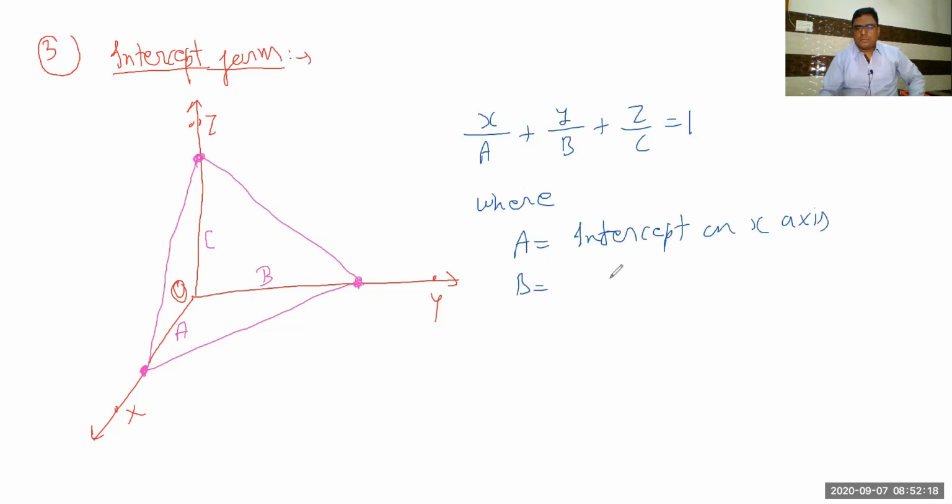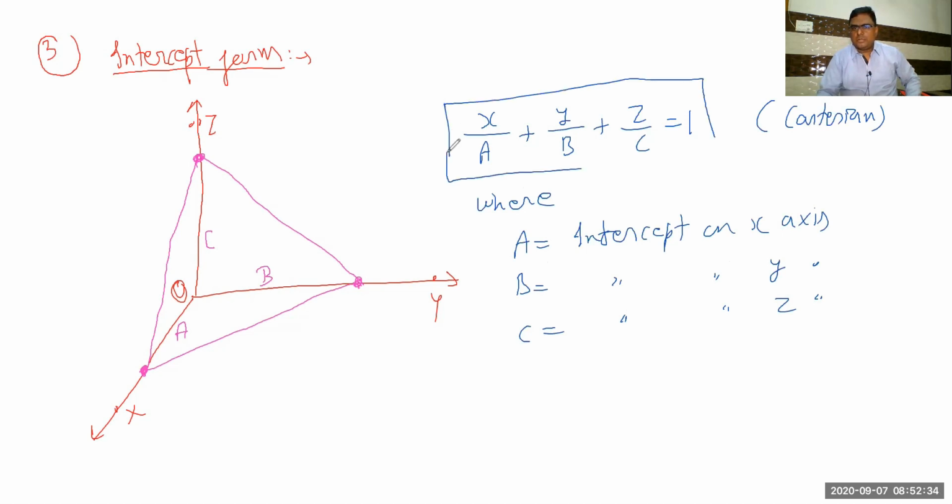Similarly, what is B? B is intercept on y-axis. And what is C? C is intercept on z-axis. And obviously, this is in Cartesian format. What is the meaning of Cartesian format? Cartesian format is that in which x, y, z are used. And when x, y, z are not used, r vector is used, that becomes the vector form.